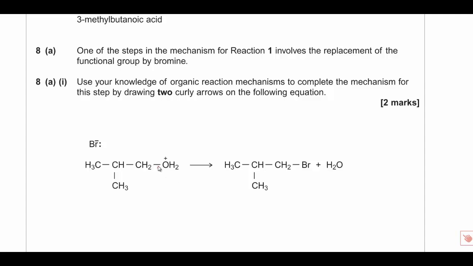Well, nice to stick with that. So this is going to move like that, and this is actually going to attack that carbon there. This is going to cause the ejection of the water molecule here, perfect, and this is going to cause the bromine to bond there, acting as a nucleophile and attacking that carbon.